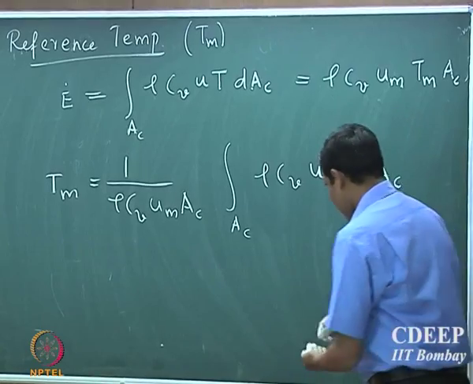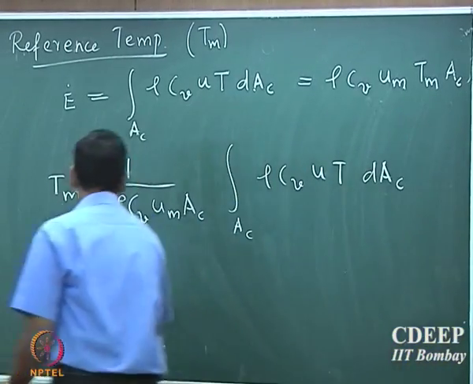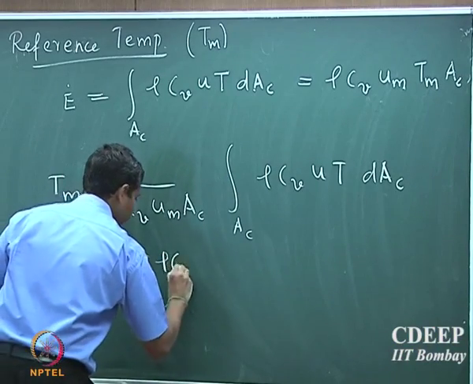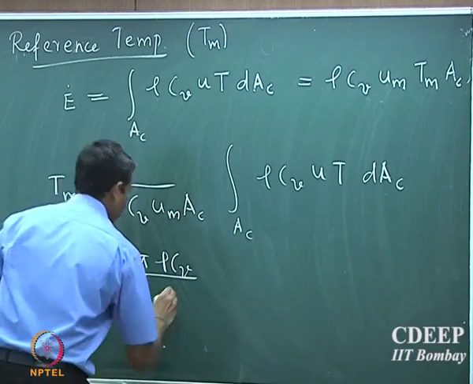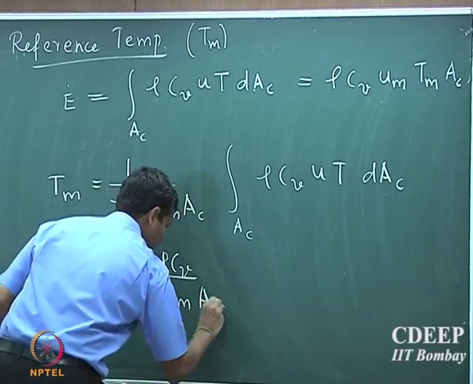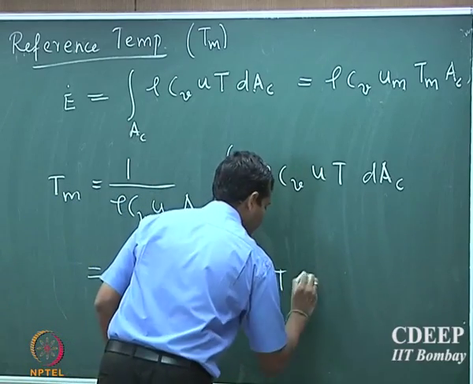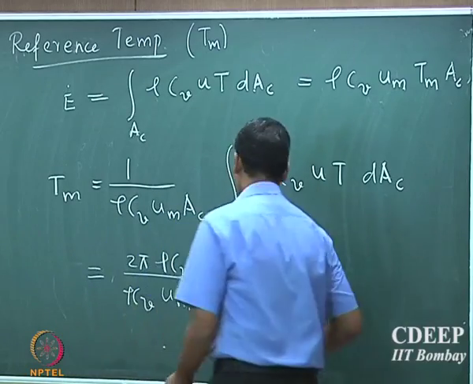Okay. dAc is nothing but 2 pi r dr. So that will be 2 pi rho Cv, if it is an incompressible fluid, over um Ac, integral of u T r dr from 0 to r naught.